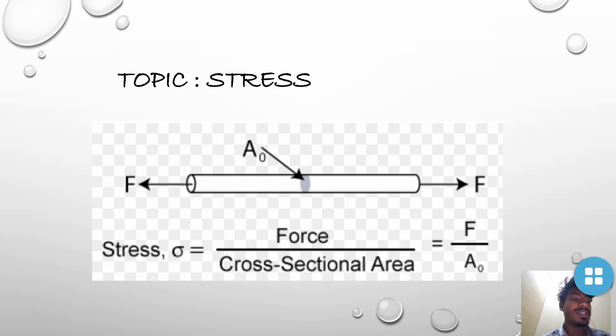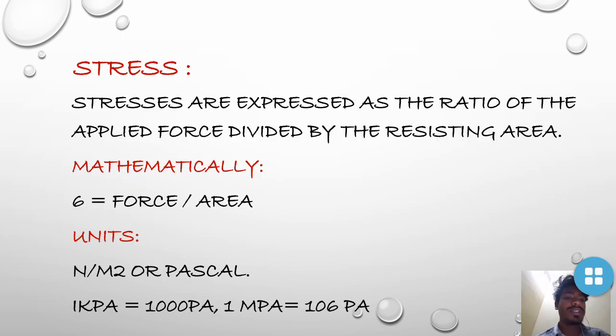Basically, stress is defined as the ratio of force to the cross-sectional area. As you can see in the diagram, the formula is there, and stress is denoted by sigma. Stress is expressed as the applied force divided by the resisting area.